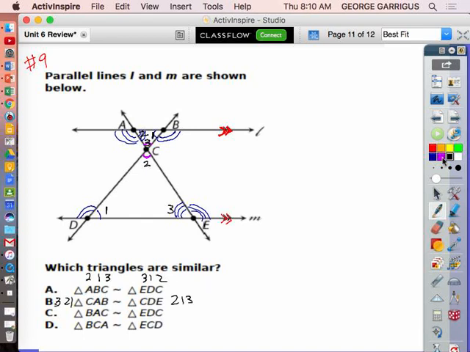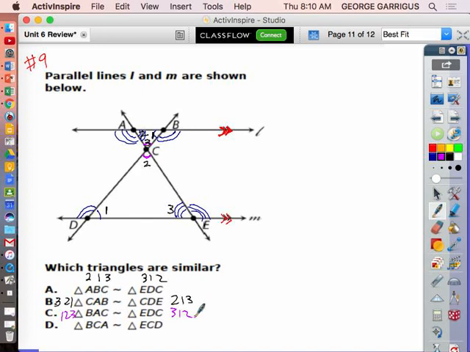Not working. Let's try one other one. BAC is 1, 2, 3. And then EDC is 3, 1, 2. Let's try the last one.